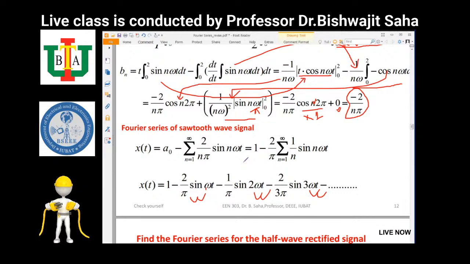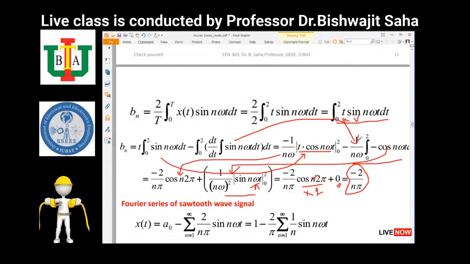Sir, in the integration 0 to T, t sine n omega t dt, why do we include T? Okay, the T in the integration of Bn, why we include T between the limits. I explained, but I am repeating. T is the variable of the equation. Limit 0 to 2, limit for whom?